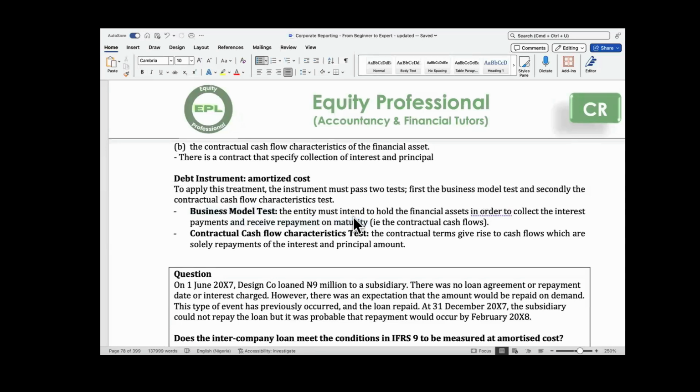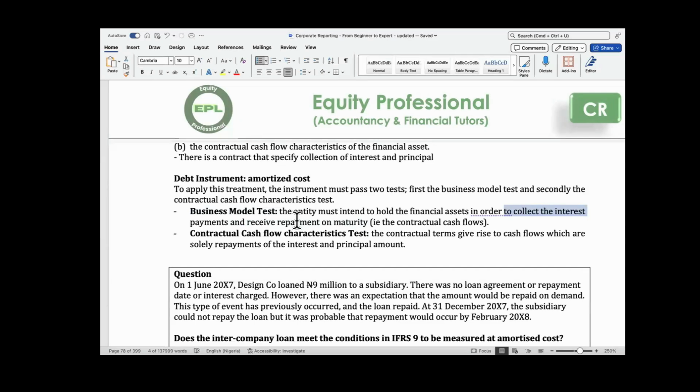So though the argument here is saying that he's not charging interest, that will not negate the fact that he's holding it to maturity. So we can go ahead and classify it as amortized cost because it meets it.